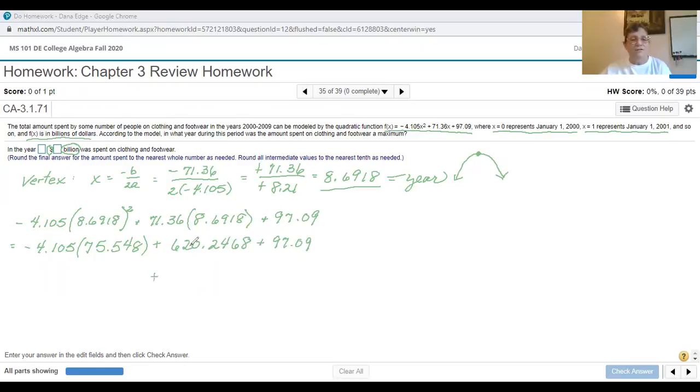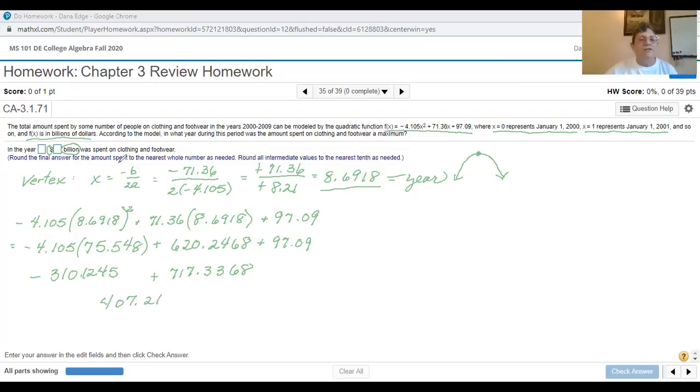Okay, these two are going to add up to 717.3368 and then some. This will be a negative 310.1245, and I get 407.21.